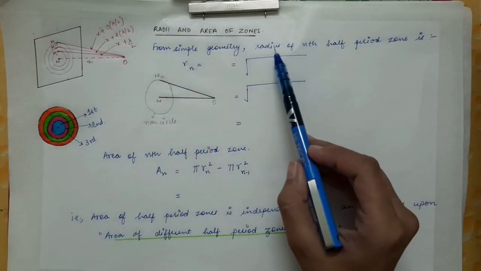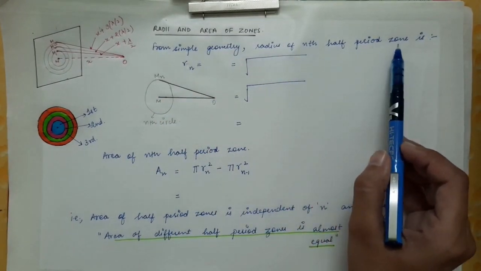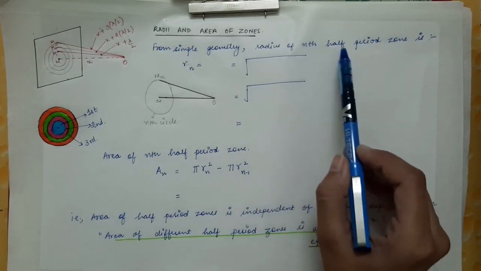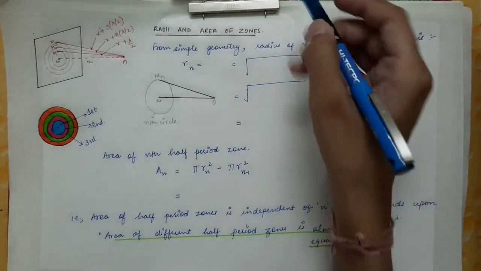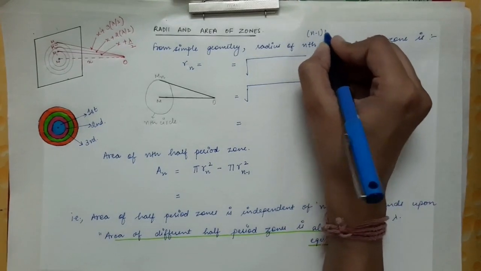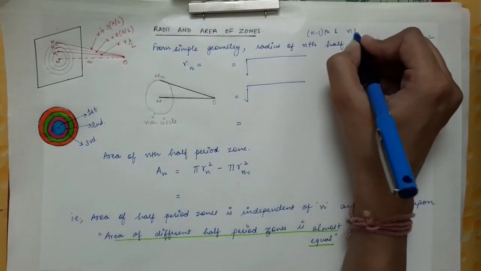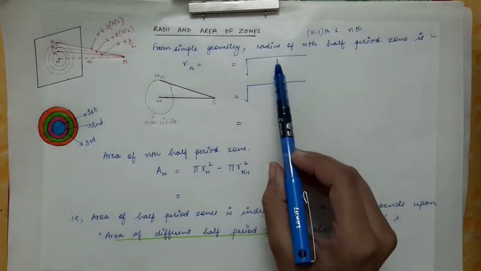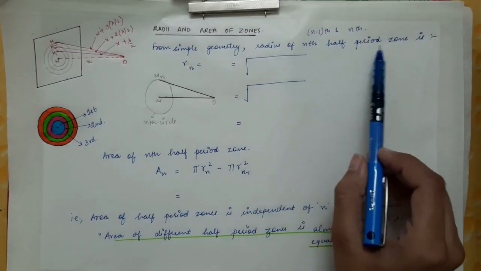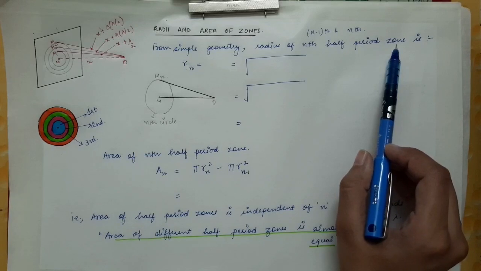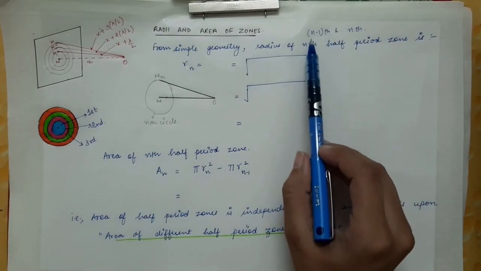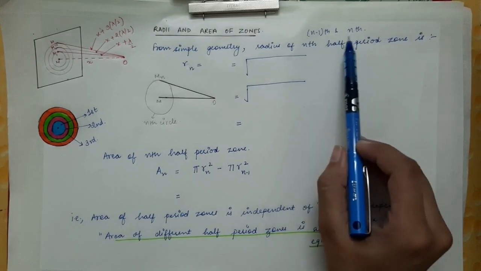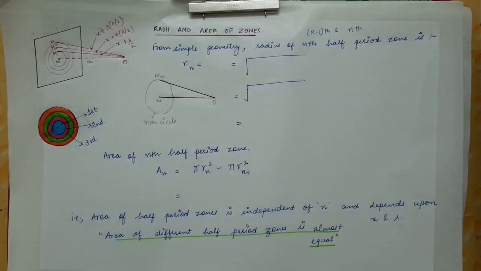So we want to find the radius of the nth half period zone, and we have already seen that the nth half period zone is the region between the n minus 1th and nth circle. So to find the radius of the nth half period zone, we have to find the radius of the n minus 1 circle, and we want to find the radius of the nth circle.